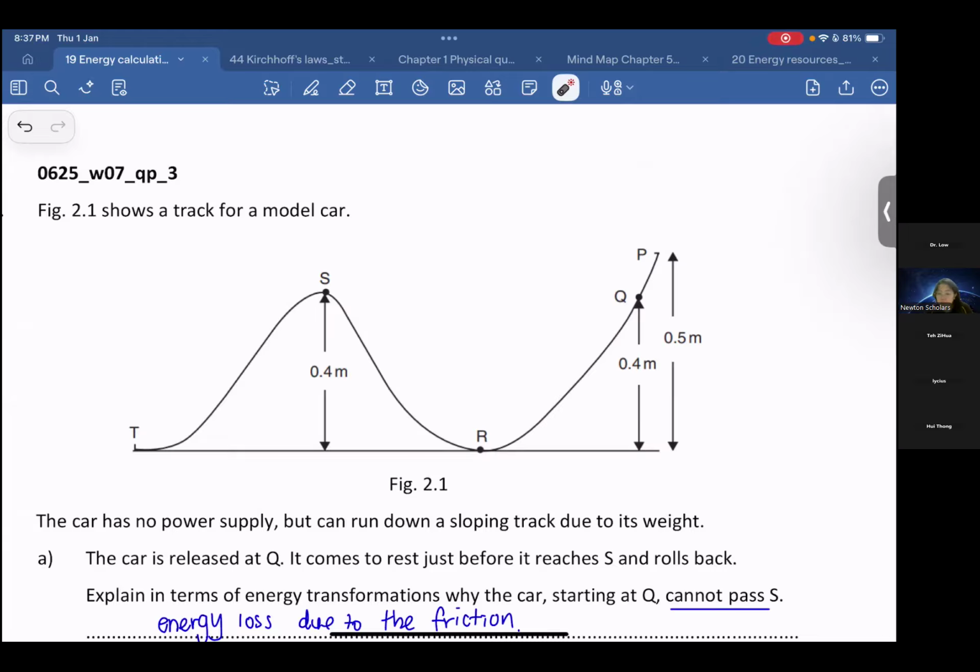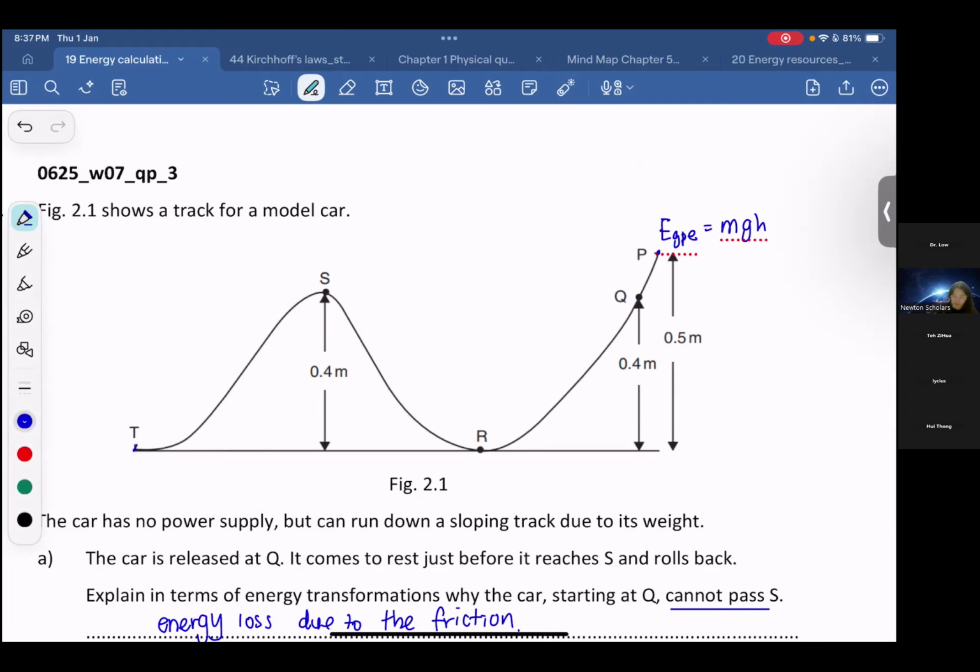Angeline already got the answer. Yes, perfect. Correct. How about others? Okay, so starting at point P, the energy is GPE. GPE is mgh.